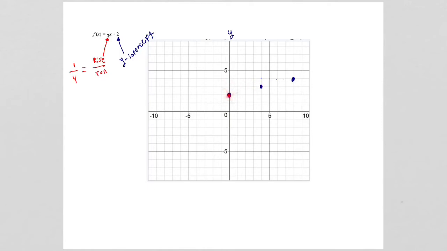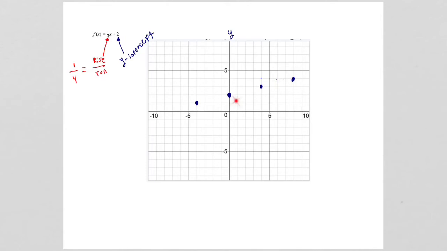Here we can do the opposite, go down 1 and then go to the left 4. 1, 2, 3, 4 and plot it right there. In general, if you have enough room, just go to the right. There will be some examples in which it will necessitate that you move backwards, and I'll show you an example right now, but again, you're always running to the right.